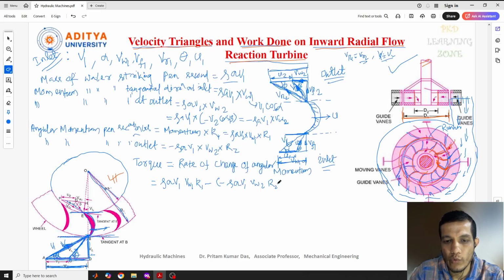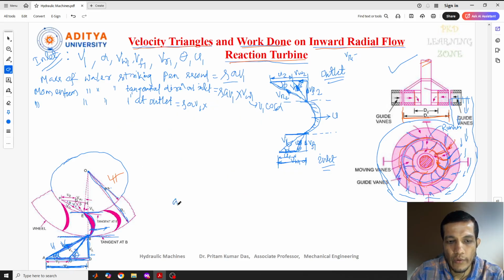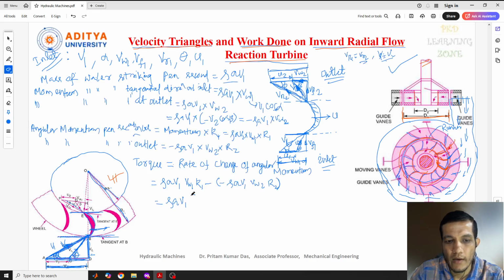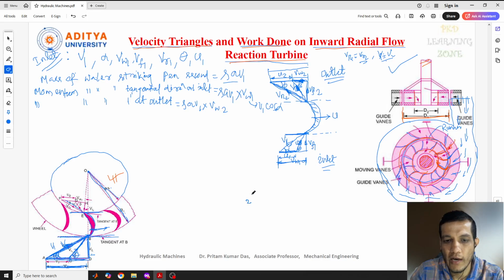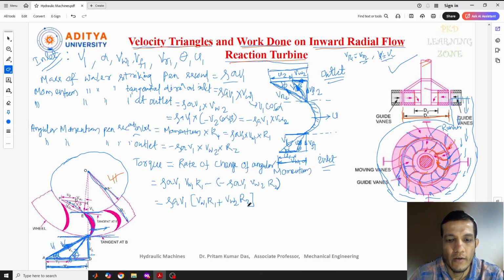Taking rho a V1 common, we write the bracket VW1 R1 plus VW2 R2, and close the bracket. Similarly, the torque is calculated. As I told you, instead of force, we calculate the torque.